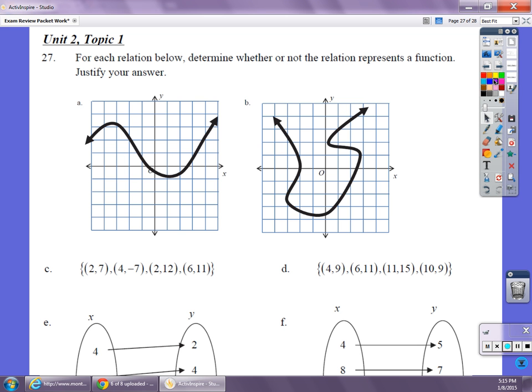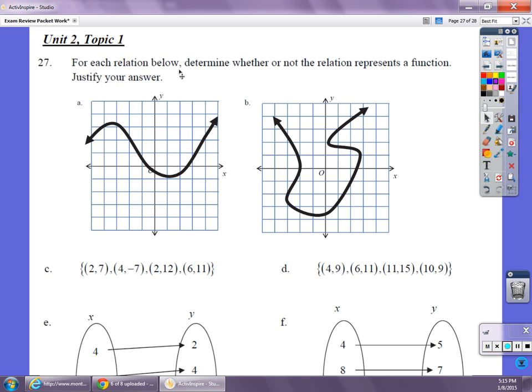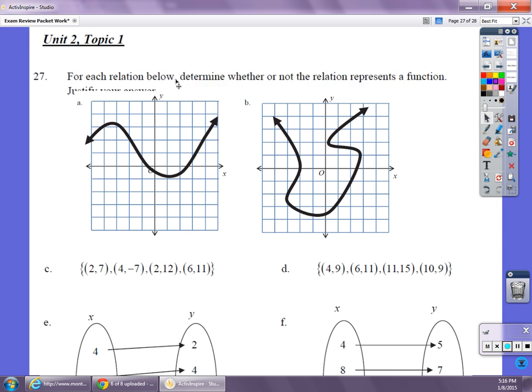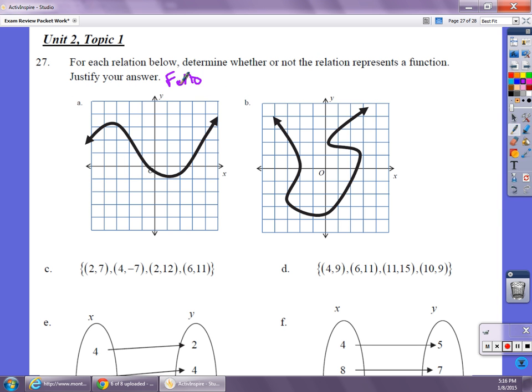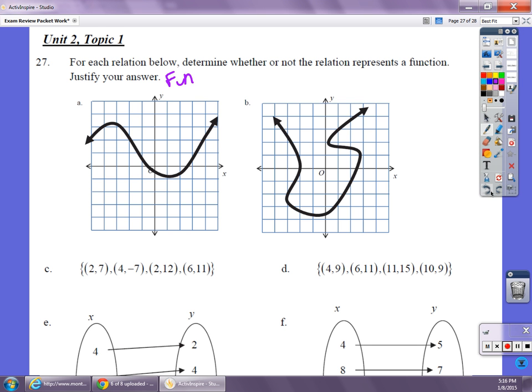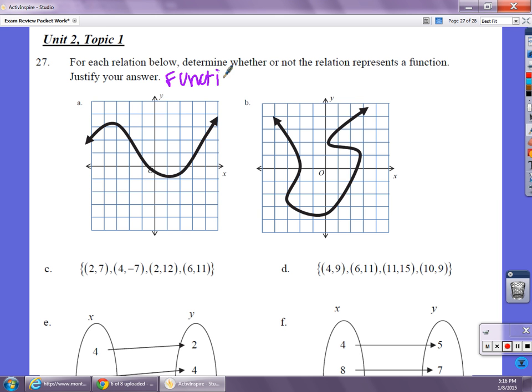And remember our definition of a function. Function: each x has exactly one y.